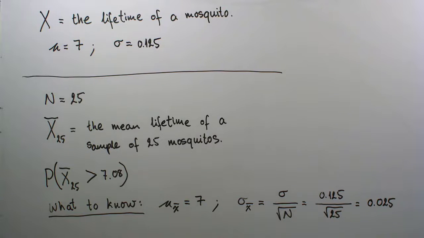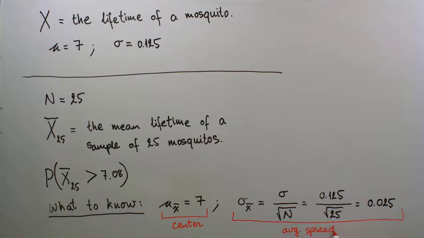But now we have found what we know about our sampling distribution of the means right here. We already knew the center. This is the center, very important information. And all this here is useful for us because this is the average spread of our distribution.